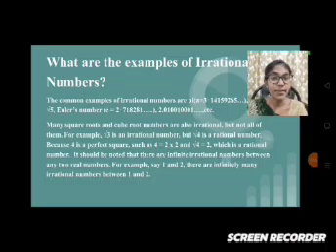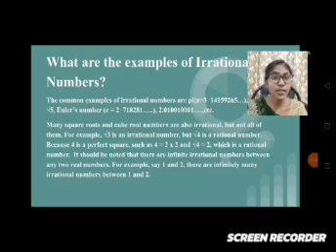For example, √3 is an irrational number, but √4 is a rational number, because 4 is a perfect square, such as 4 equal to 2 cross 2, and √4 equal to 2, which is a rational number.